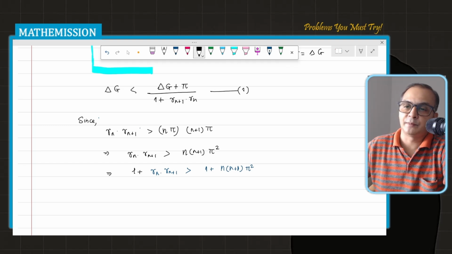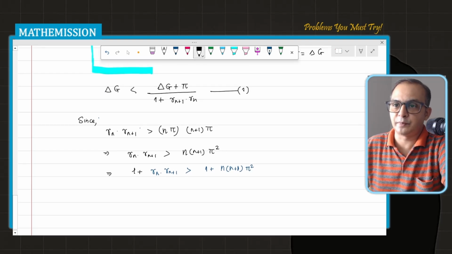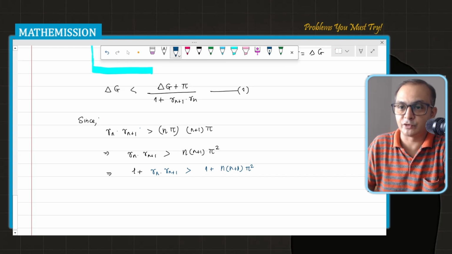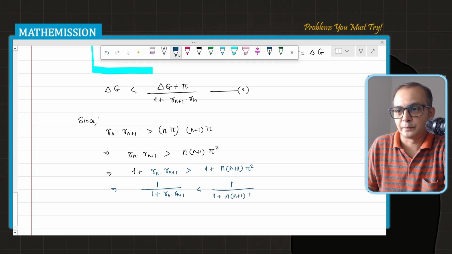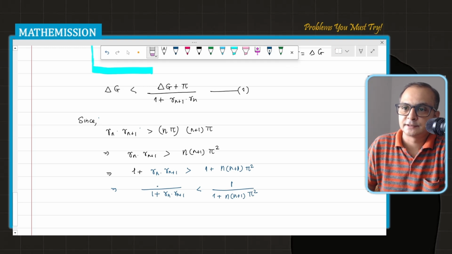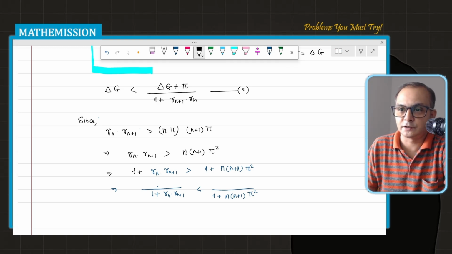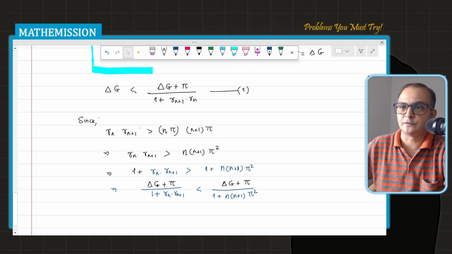And when I take the reciprocal, the sign of the inequality gets reversed, so I'm getting 1 by (1 plus r_n into r_{n+1}) is less than 1 by (1 plus n into (n+1) π squared). And if I multiply this by delta g plus π on the top, it will not change the inequality sign, so I can safely write this as our established inequality for nπ and (n+1)π.